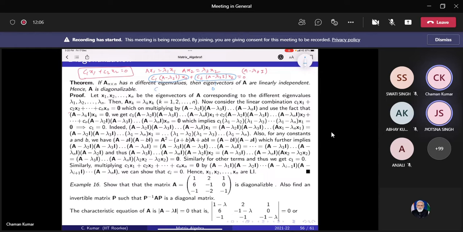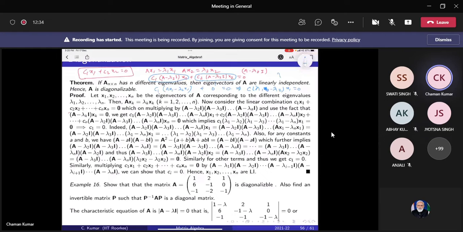The first term will be C1 A x1 minus lambda 2 x1. And what is A x1? Lambda 1 x1. So you can take x1 outside. So you can write C1 lambda 1 minus lambda 2 x1 is equal to 0. Fine.